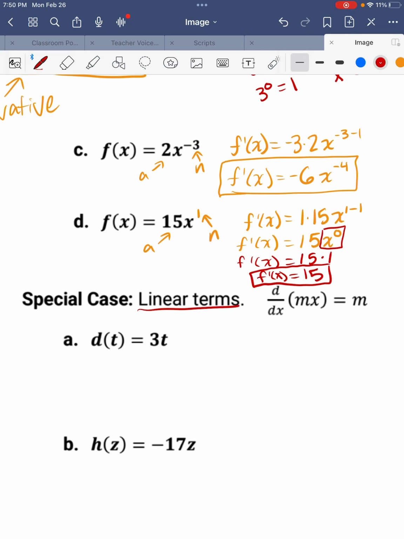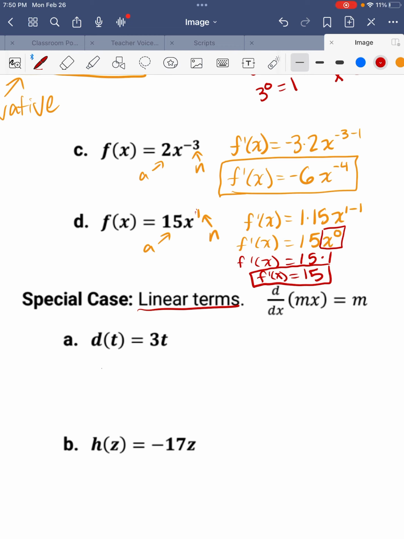That's anytime you have just a number in front of the variable with no exponent or an exponent of 1. We don't have to do all that work to know that the derivative is 15. We could have just looked at it, seen that the exponent was 1, and immediately known, okay, derivative must be 15. So here it's the same thing.